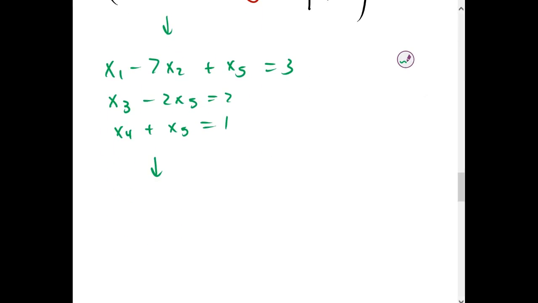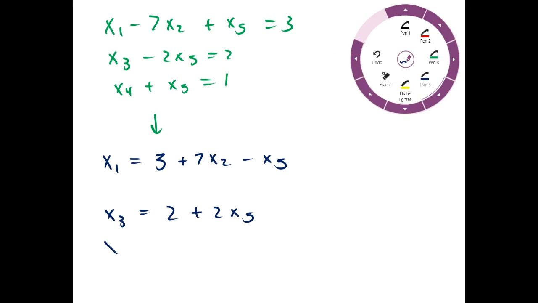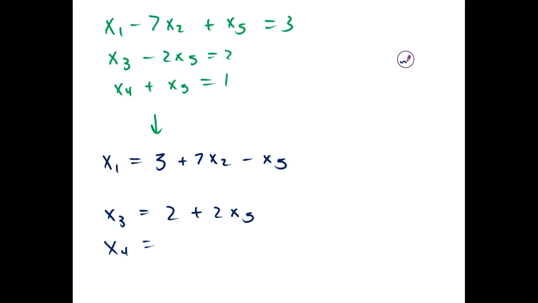Now if we solve this for x1, we get x1 equals 3 plus 7x2 minus x5. We get that x3 equals 2 plus 2x5, and x4 equals 1 minus x5. And here we just write x2 and x5 equal themselves.